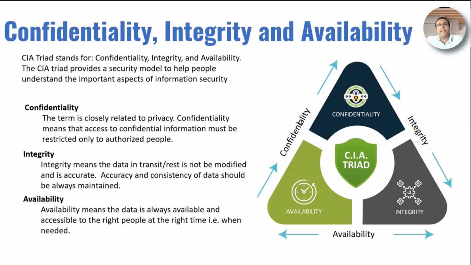Integrity is about whether someone is able to modify the data: delete, add, or change the state of the data. Availability is making sure that all legitimate users are able to access the devices or resources without any kind of issue.